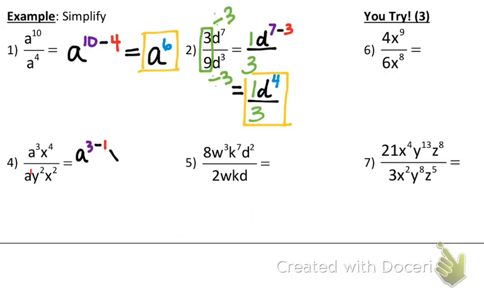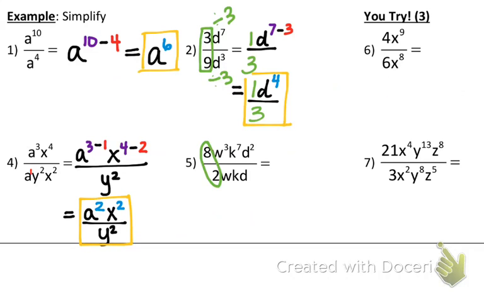Our second pair of like bases to subtract their exponents is x to the 4 minus 2. And the y's don't have a similar base on top to subtract with, so we're going to leave y squared on the bottom. We're just going to leave that right where it was. So a to the 3 minus 1 becomes a squared. X to the 4 minus 2 becomes x squared over y squared.